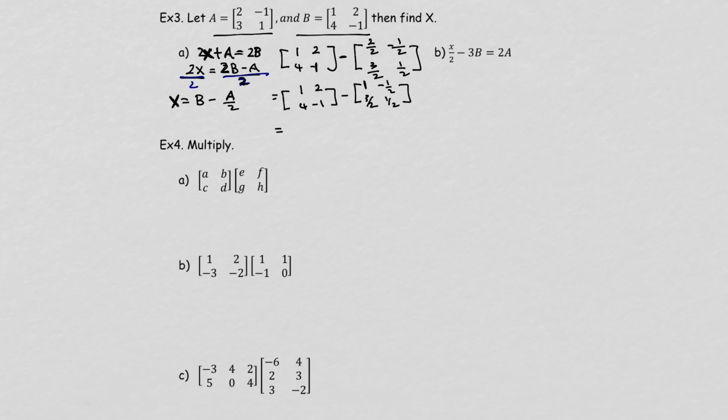And then let's do the subtraction. This is the same size matrix, so you should be able to do subtraction, and each entry will be subtracted. So 1 minus 1 will be 0. Then 2 minus negative 1/2.